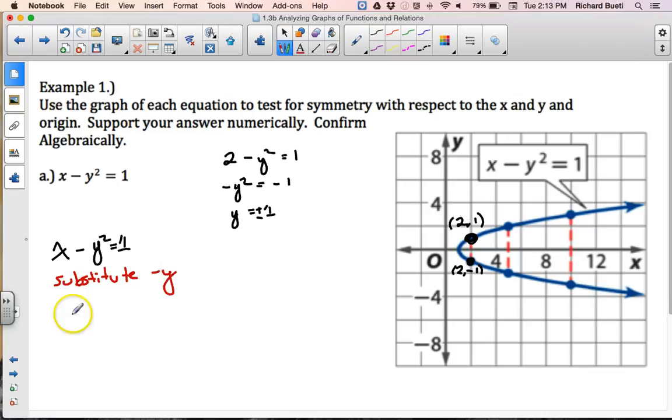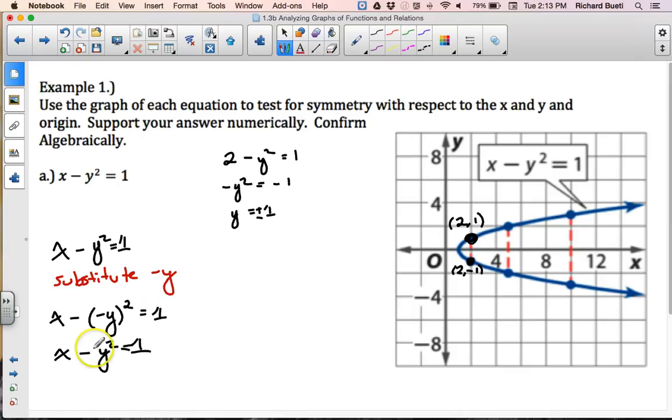So that would look like x minus (negative y) squared equals 1. But I already know that if I take anything and I square it, I'm always going to end up with a positive. So x minus (negative y) squared is really just the same thing as saying x minus y squared equals 1.